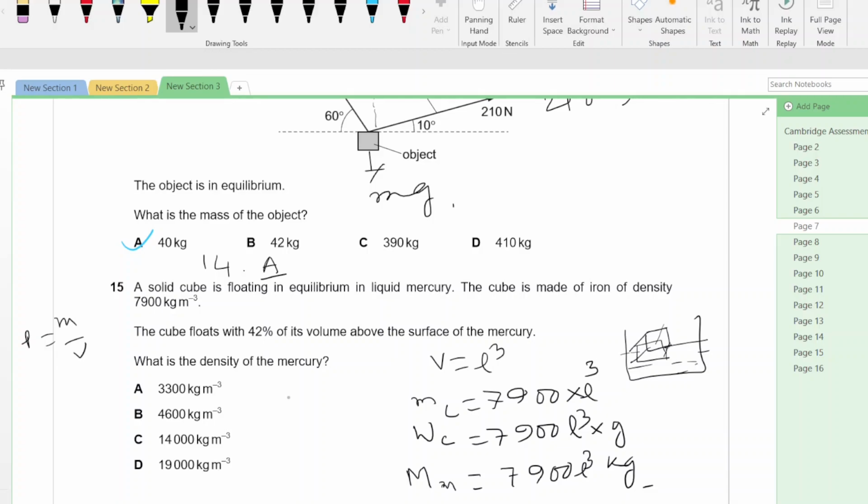But the volume of the mercury displaced is the volume of the cube below the surface, inside the mercury, which is 58%.